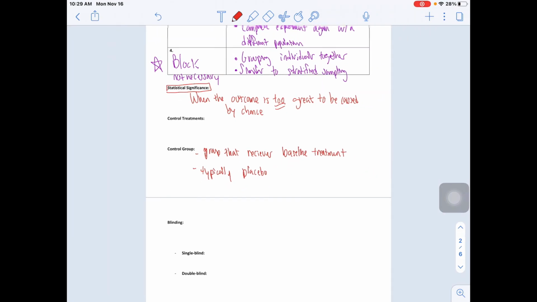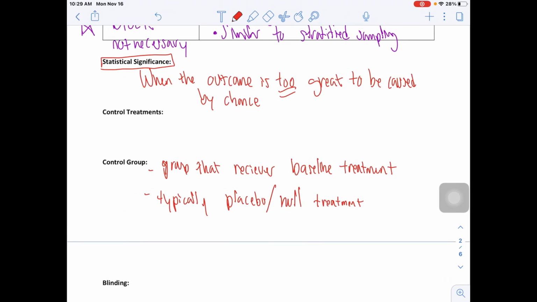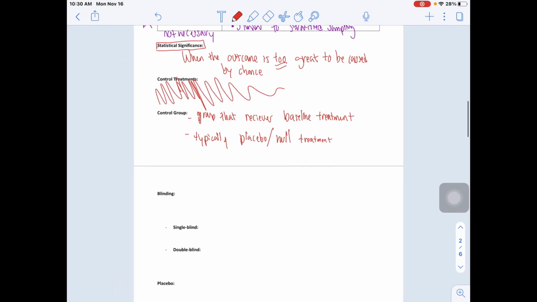Remember, placebo is like a fake treatment. We can call this a null treatment. Null means kind of like nothing. All right, honestly, let's just ignore control treatments for now. So a control group, that's our baseline group.